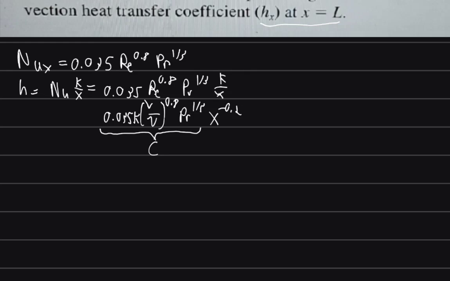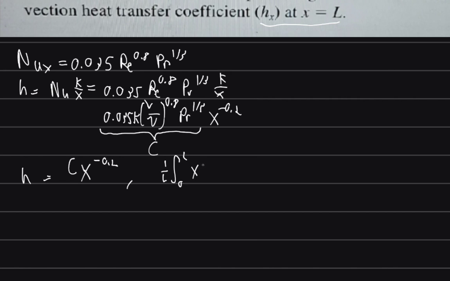So if we now have an equation for h of x, h is equal to c times x to the minus 0.2, the average value is going to be the integral from 0 to L, 1 over L, of our function h of x dx.